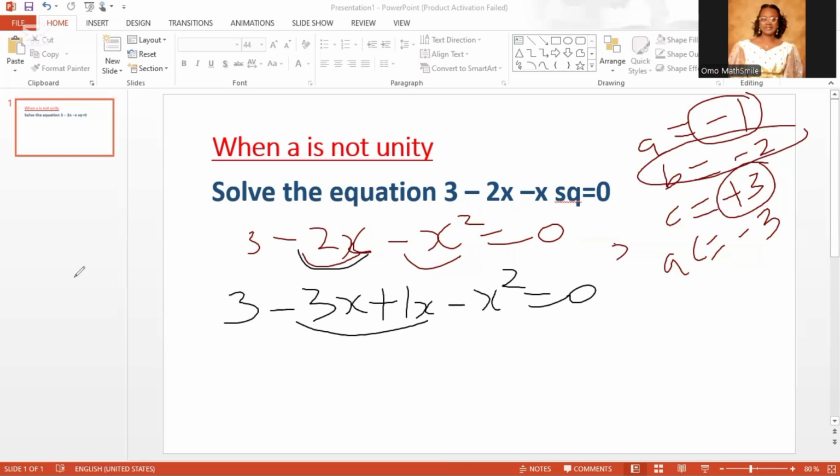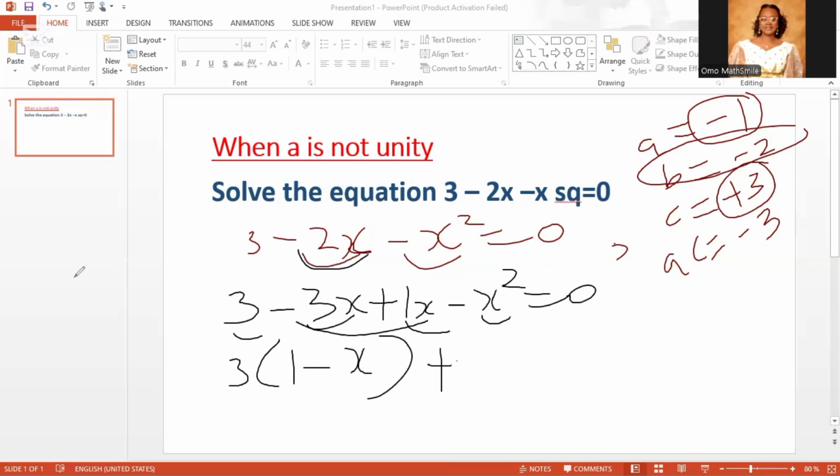Okay, so now what do we do? You look for what is common here. What is common between 3 and minus 3x? That's 3. So we have 3, open brackets, 1 minus x, plus x, open brackets, 1 minus x, equals 0. What is common between 1x and minus x squared?